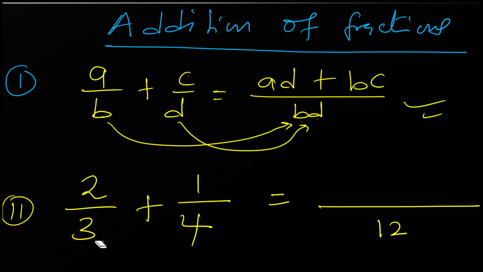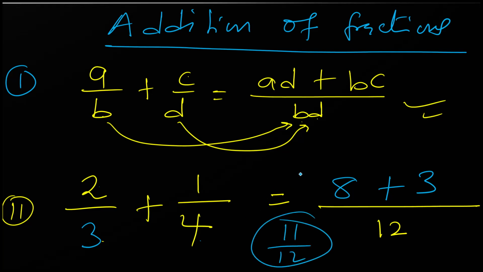So 12 divided by 3. 3 goes into 12 how many times? 3 goes into 12 four times. 4 times 2 is 8, plus. 4 goes into 12 how many times? 3. 3 times 1 is 3. So 8 plus 3 is 11. So 11 on 12 is the answer. As simple as that.